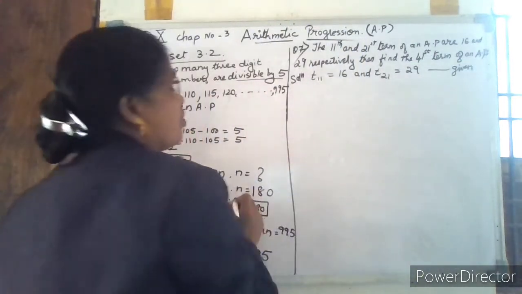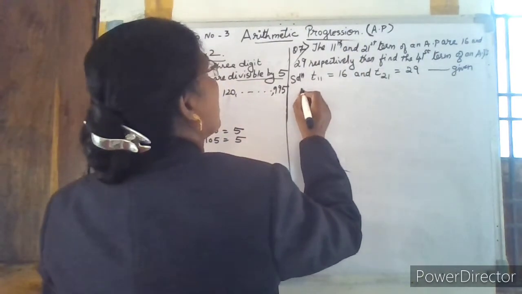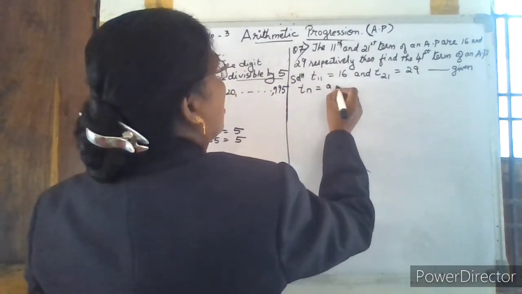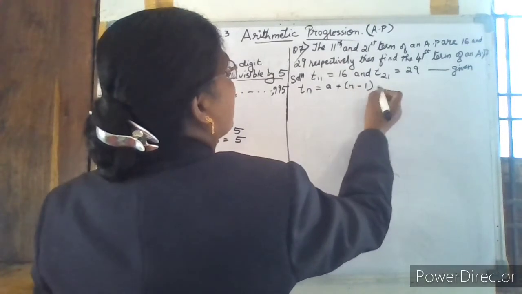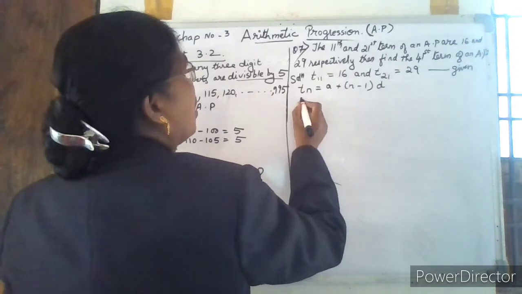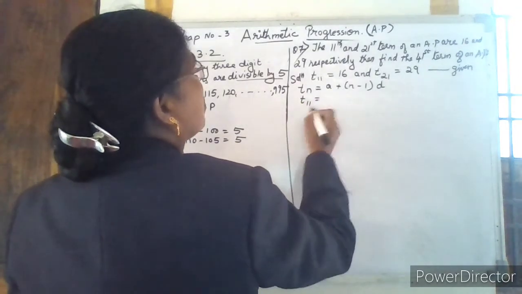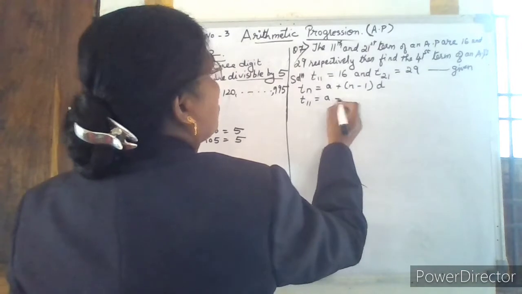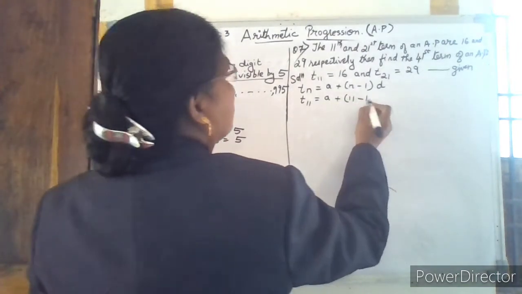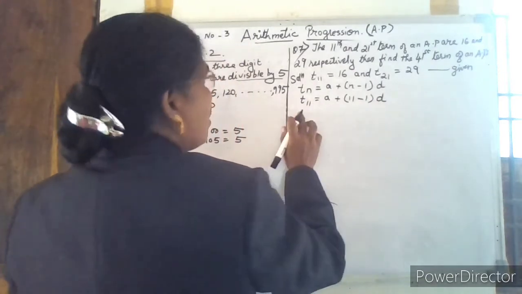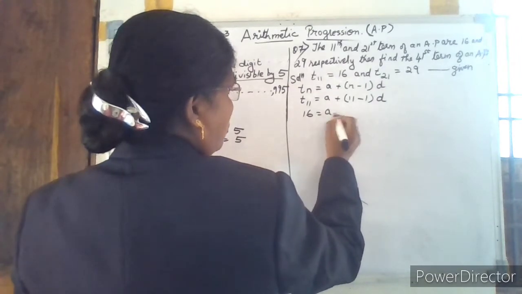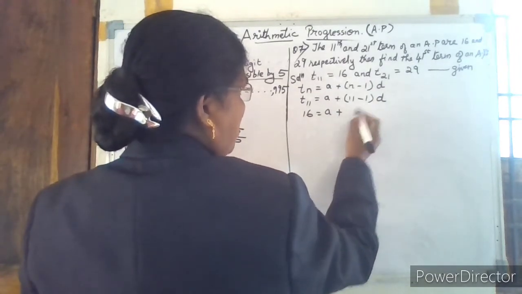Now, we take the nth term formula: nth term is equal to a plus n minus 1 into d. Following the formula, the 11th term is a plus 11 minus 1 into d. The 11th term value is given as 16, so 16 is equal to a plus 10d.